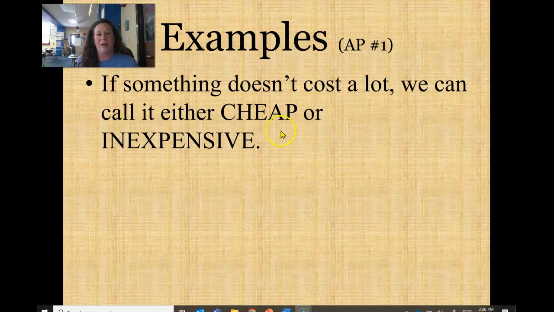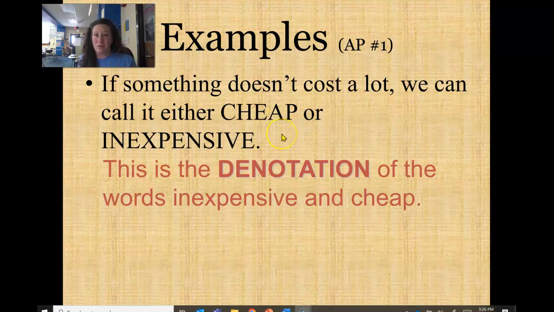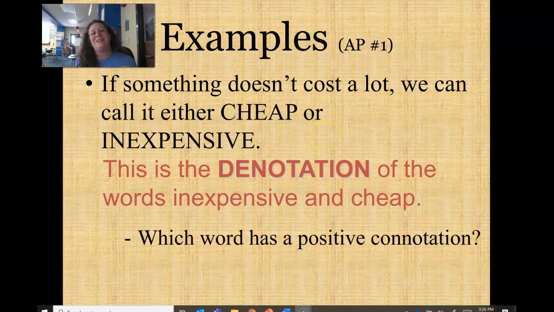When we talk about the words cheap and inexpensive, essentially the denotation of the word is the same thing, right? They mean the same thing. It means that I didn't pay a lot for it. But there's a connotation where one feels like you're kind of insulting somebody, and the other one feels like you're saying, hey, did you get that on sale? Right? Or something like that.